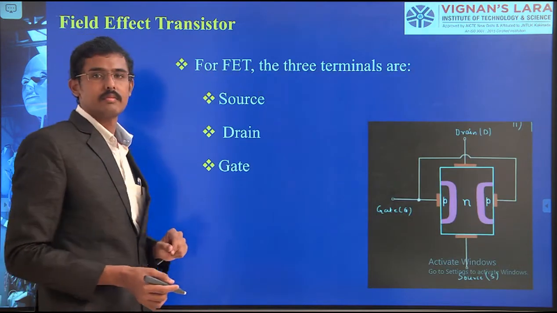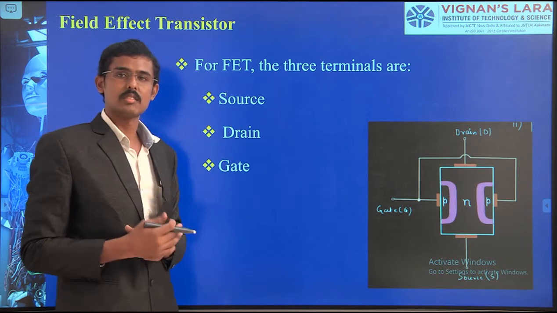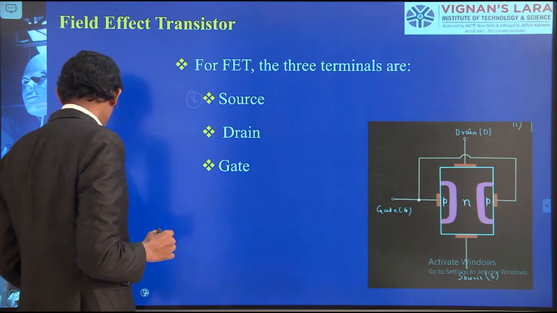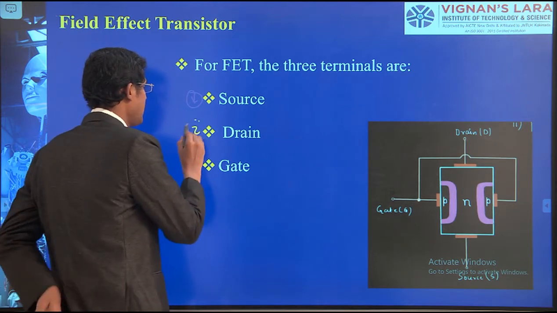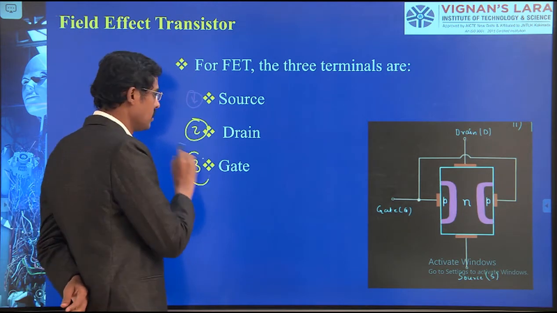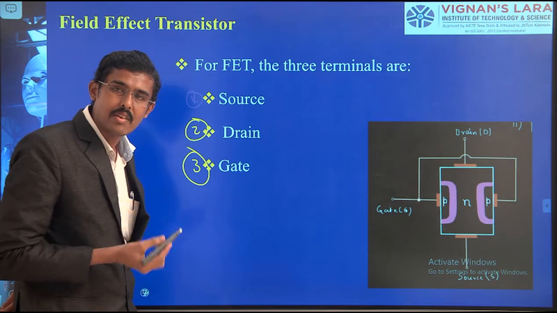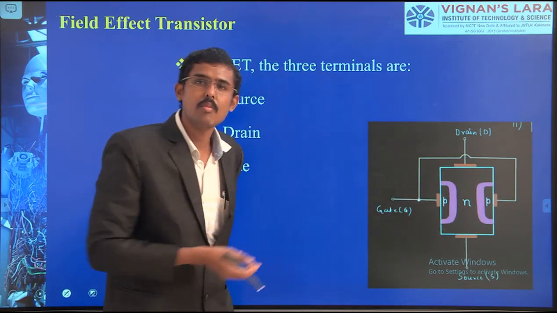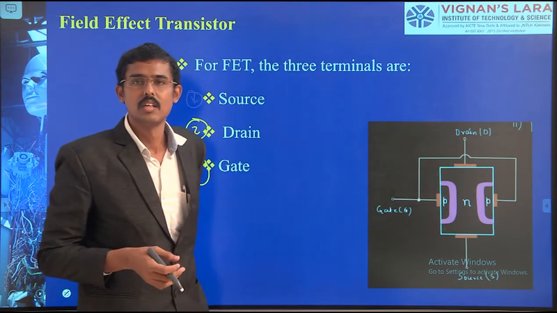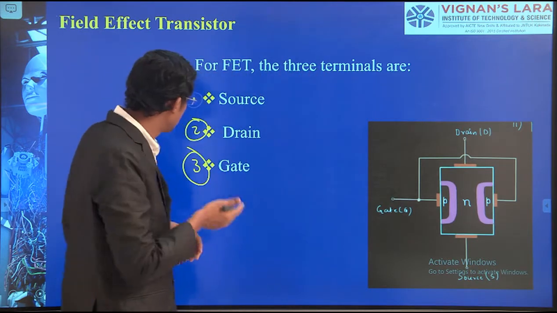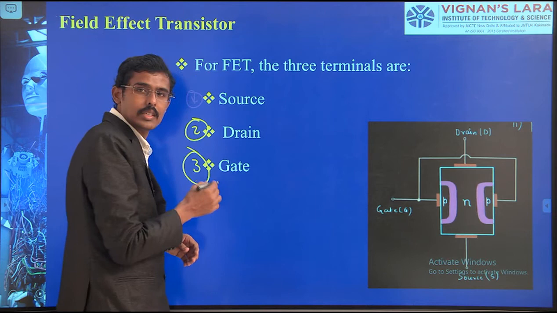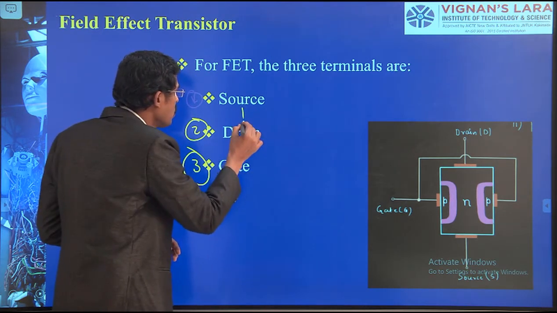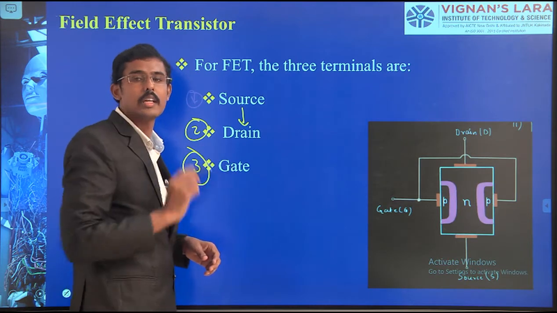For FET, we have three terminals: number 1 source, number 2 drain, number 3 gate. What we have done here is taken maybe PNP junctions or maybe NPN junctions. We have made the supply connected so that the electrons are transferred from source to drain.